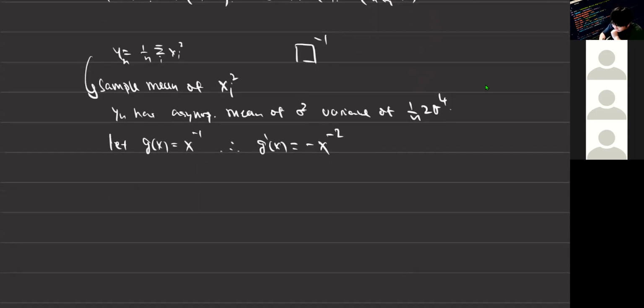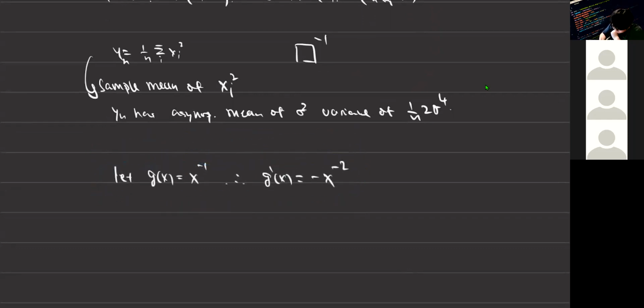So what I mean by that is I can move this down here, and I can say something like Yn converges to, you can probably expand this a little bit, Normal 0, this guy.